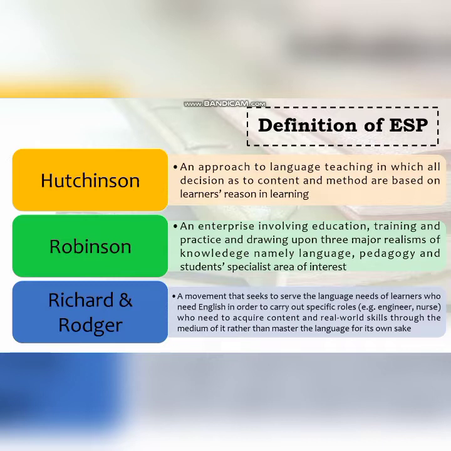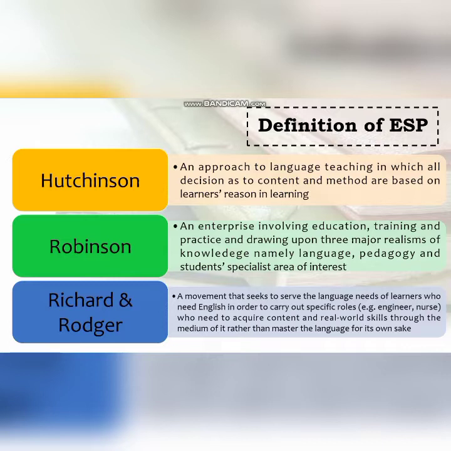Okay, let's see the definition of English for specific purposes defined by several experts. The first one is from Hutchinson. He said that ESP is an approach to language teaching in which all decisions as to content and method are based on learners' reason in learning.